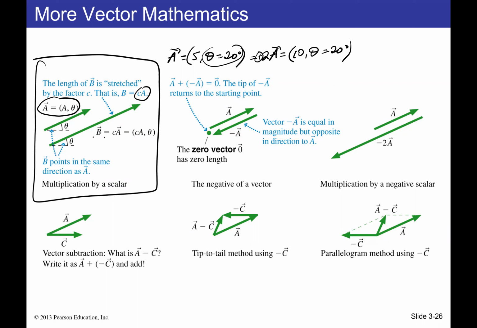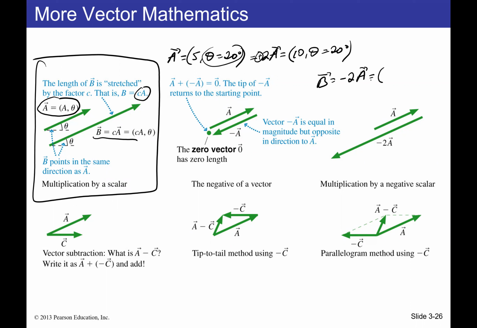So you can see that B equals C times A, which is a vector twice as long, pointing in the same direction. Now, what if vector B is equal to negative 2 times vector A?